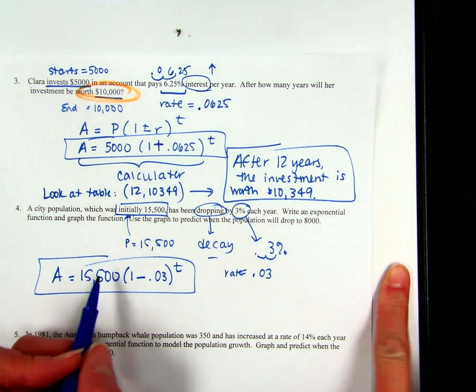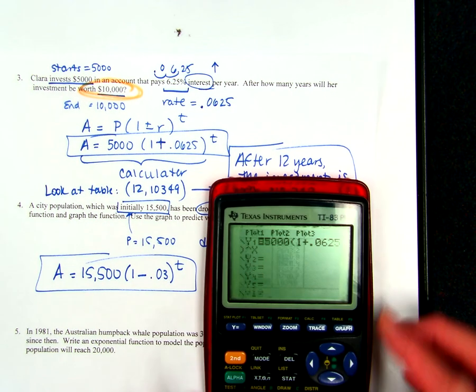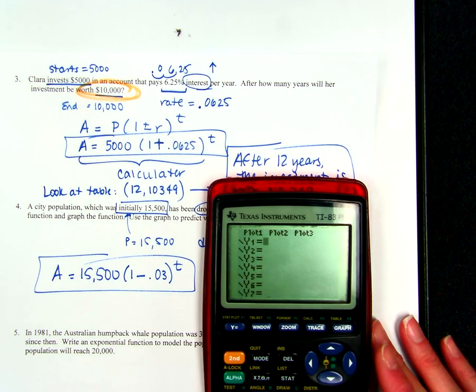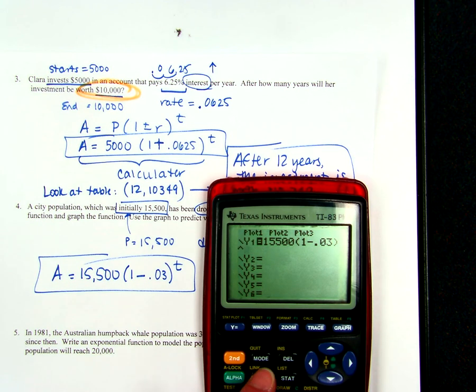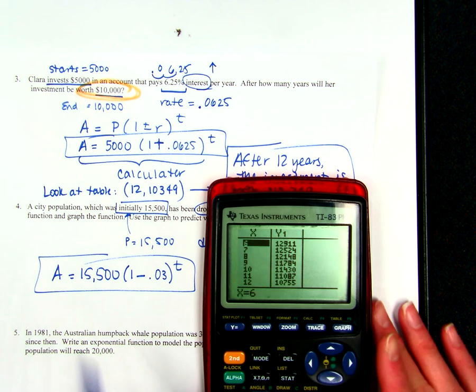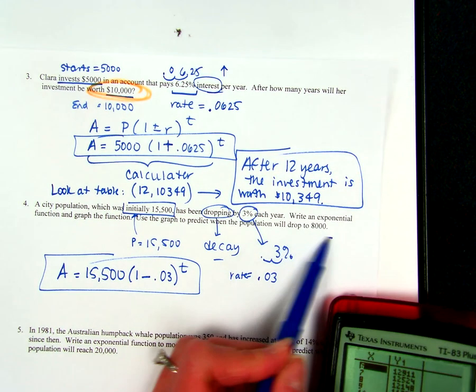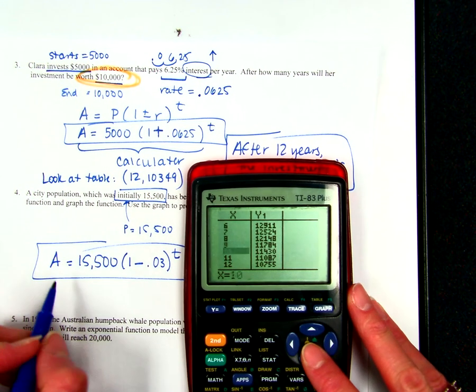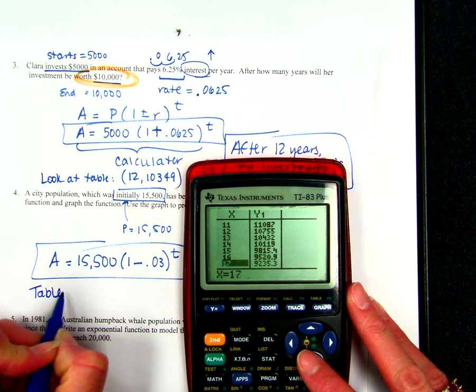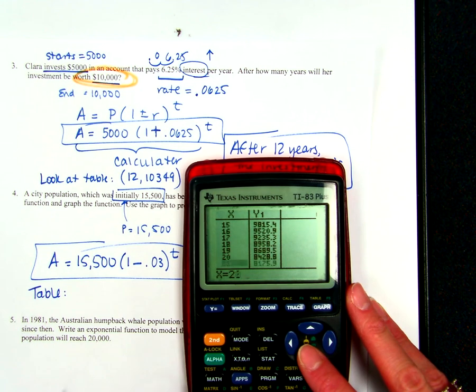All right, so now I'm going to go to my table. Sorry, I type in my equation. 15,500, 1 minus 0.03 to the x, and then I'm going to look at my table, and I'm looking for when is it going to drop to 8,000. So I need to look at when does the y column go below 8,000.